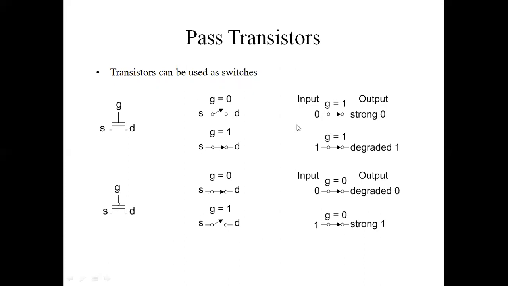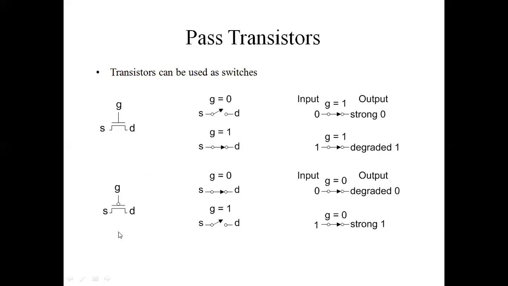So you can see that for the input, that is the gate level equal to 1, the MOSFET acts as a switch. But here the NMOSFET provides the strong 0, or it passes the strong 0 value, but it passes the degraded output for 1, means it passes the degraded logic 1 because of some drop present across the transistor.